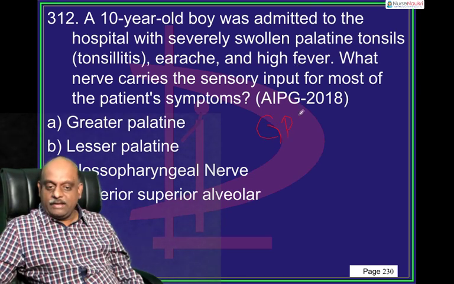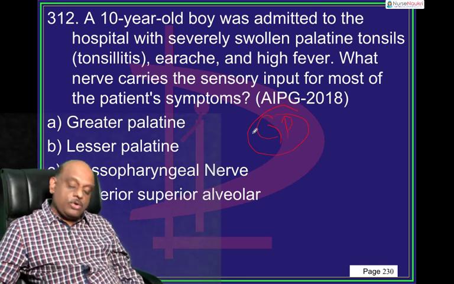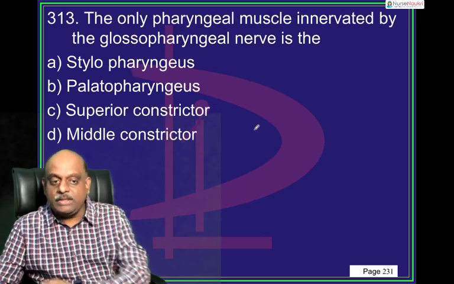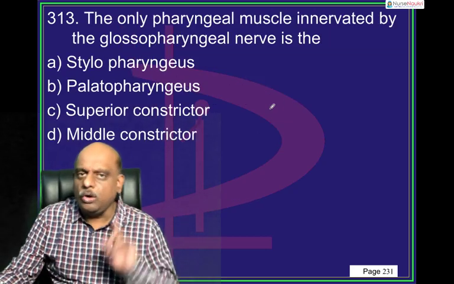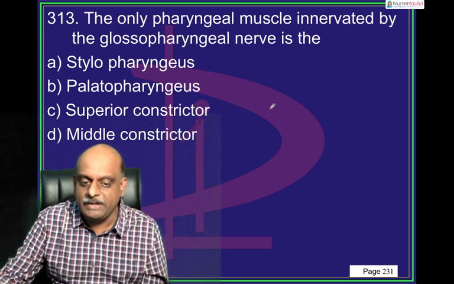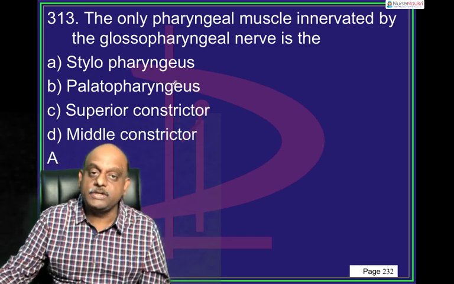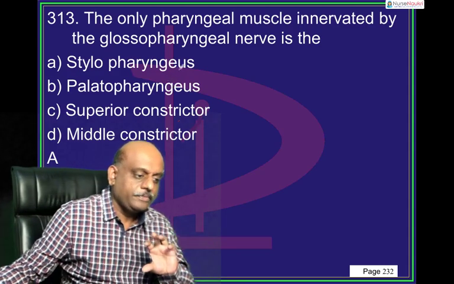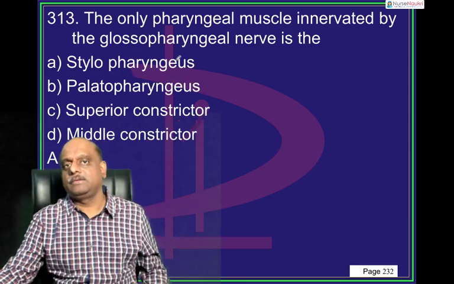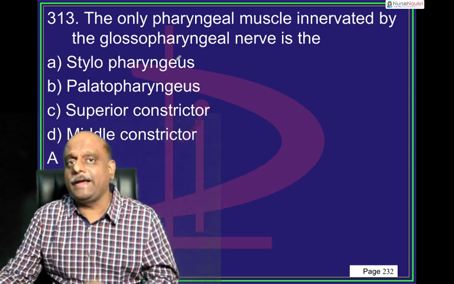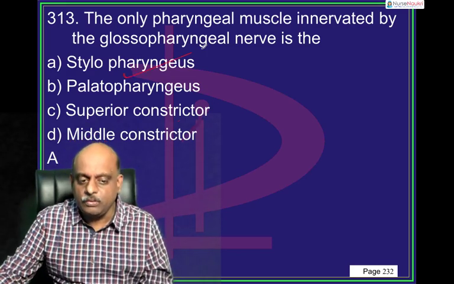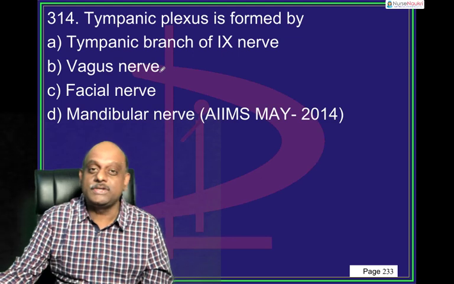Without any doubt, you should answer glossopharyngeal nerve. The only pharyngeal muscle supplied by the glossopharyngeal is stylopharyngeus. A repeatedly asked question. So, such questions we have to expect in the exam and attack. That is very important.